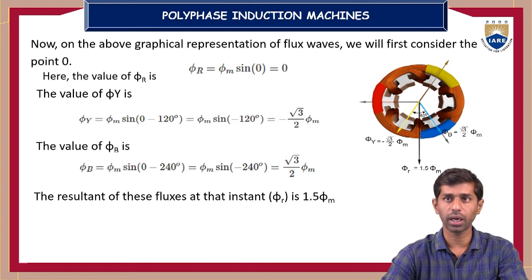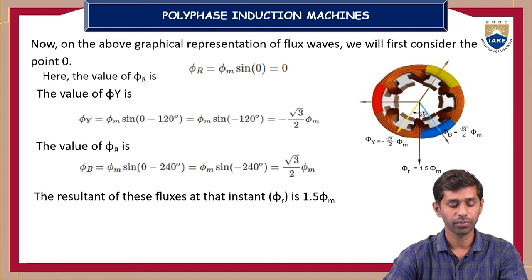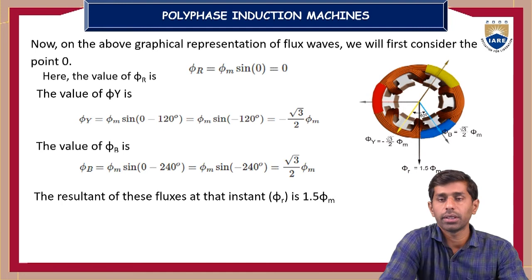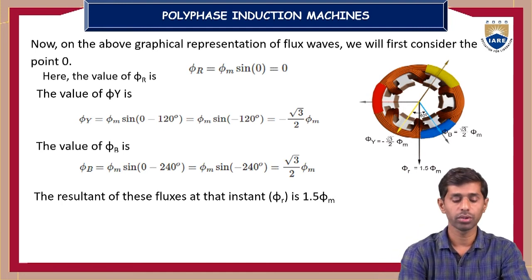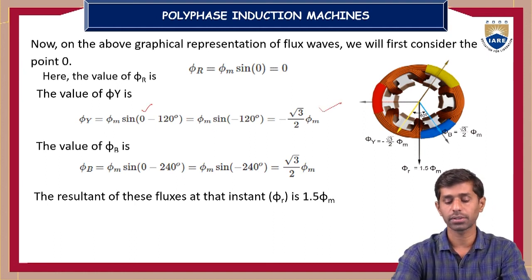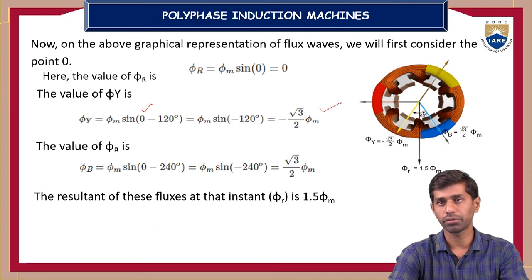In that case, phi r equal to phi m sine omega t, where omega t is 0, so the value of phi r is now 0. Next, the value of phi y is equal to phi m sine of omega t minus 120 degrees. Here omega t is 0, substituting, phi m sine minus 120 gives minus root 3 by 2 phi m.